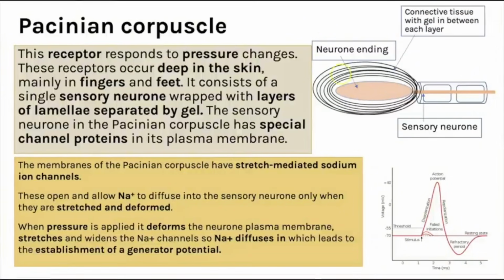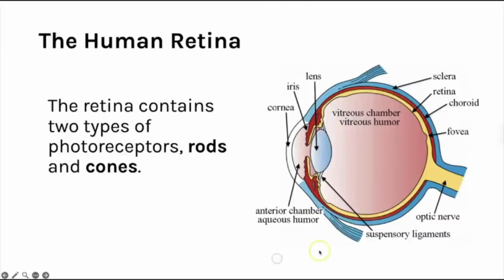And when pressure is applied to a fingertip or feet, that is applying pressure to the skin, and these layers of lamellae get pushed and deformed, and that stretches and deforms the shape of the sodium ion channels so that they open and sodium ions diffuse in. So when pressure is applied, it causes these sodium ions to diffuse in, and that will then result in the establishment of a generator potential. More on that very soon.